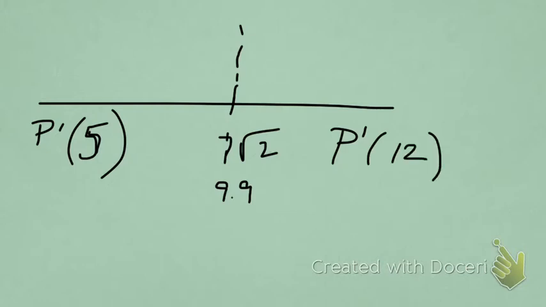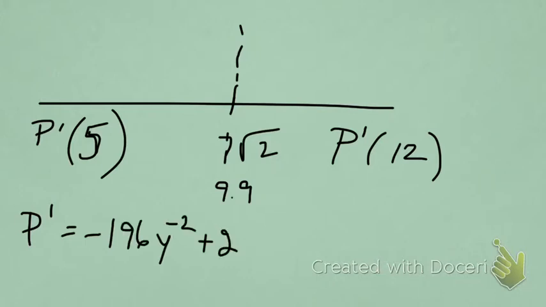Why not? The derivative was negative 196 y to the negative 2 plus 2. We rewrote that as negative 196 divided by y squared plus 2. If we were to plug a 5 in there, that would be negative 196 divided by 25.